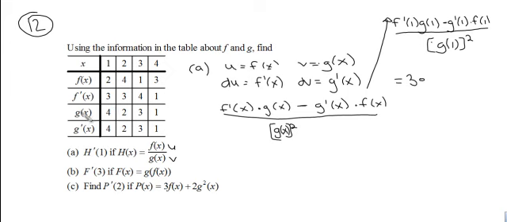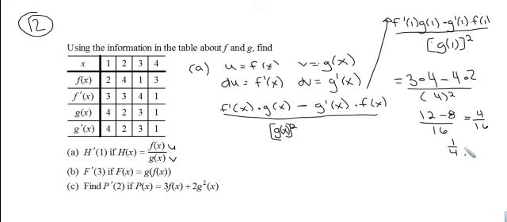G of 1 is 4. G prime of 1 is 4. And f of 1 is 2. And finally, g of 1 is 4. I'm going to have 12 minus 8 over 16. 4 over 16. So for A, my answer is 1/4.